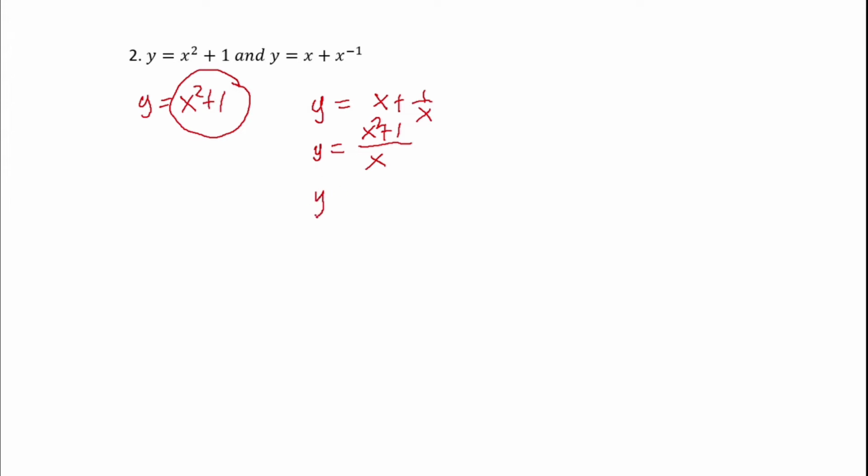Next, problem number 2. y is equal to x squared plus 1 and y is equal to x plus x raised to negative 1. So the first step that we're going to do is find the intersection. So y is equal to x squared plus 1 and y, we could express this one as x plus 1 over x. So just simply find the LCD, so we have x squared plus 1 over x.